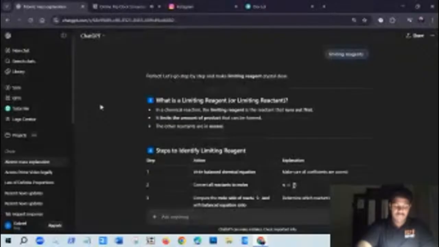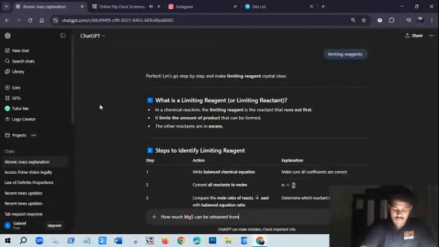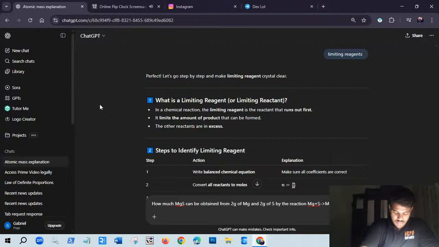How much MgS can be obtained from 2 grams of Mg and 2 grams of S by the reaction Mg plus S gives MgS?